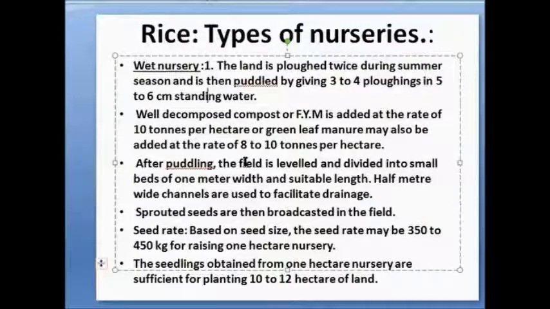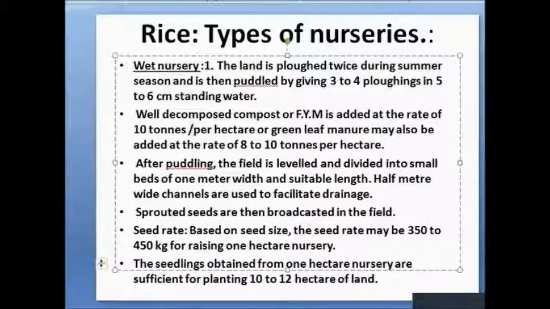Previously, we can also apply well decomposed compost or farm yard manure at the rate of 10 tons per hectare, or green leaf manure also can be applied at the rate of 8 to 10 tons per hectare.